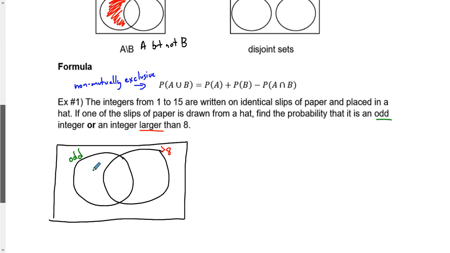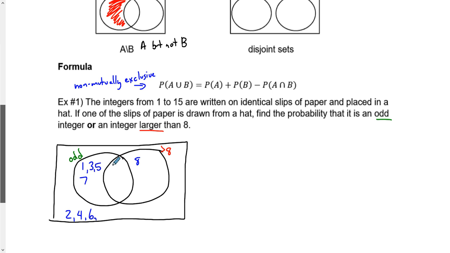So let's look at the numbers, integers from 1 to 15. 1 definitely is odd, but it's not larger than 8. 2, not even considered. 3, yep, that's odd. 4, not larger than 8, not odd. 5, 6 would not be considered. 7 is odd. 8, now 8 is not odd, so 8 would just be there. 9, well 9 is both.